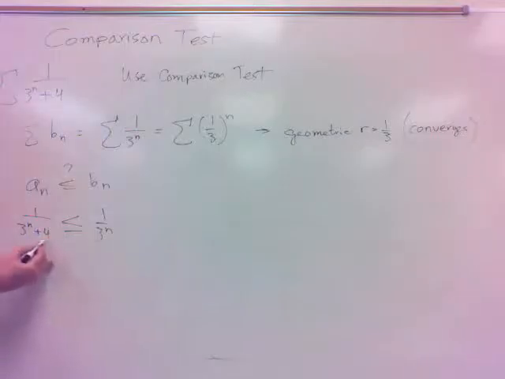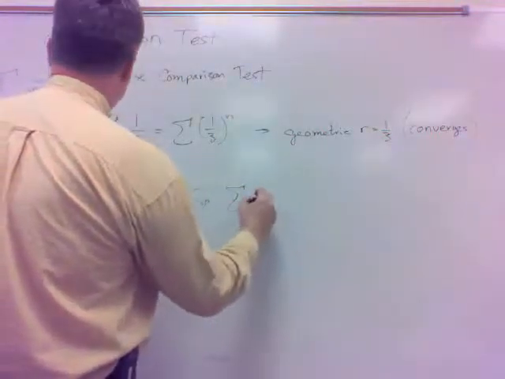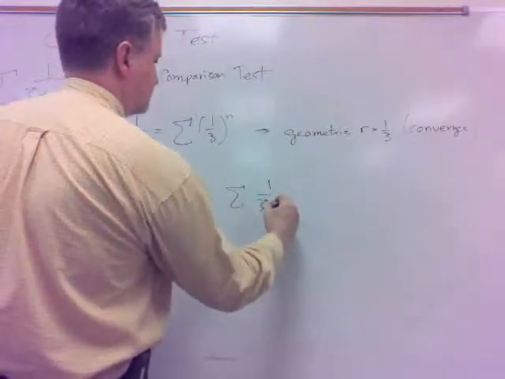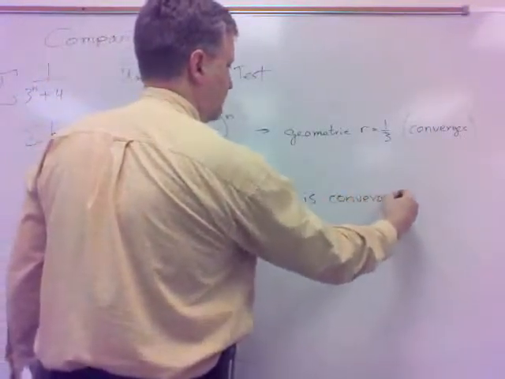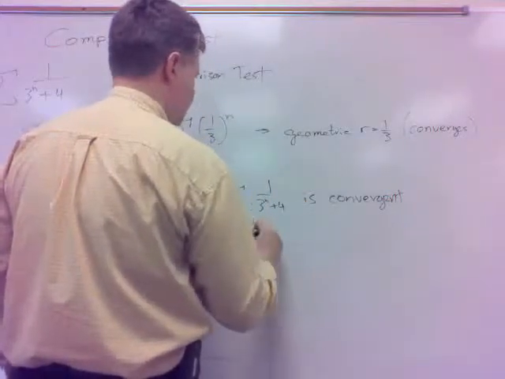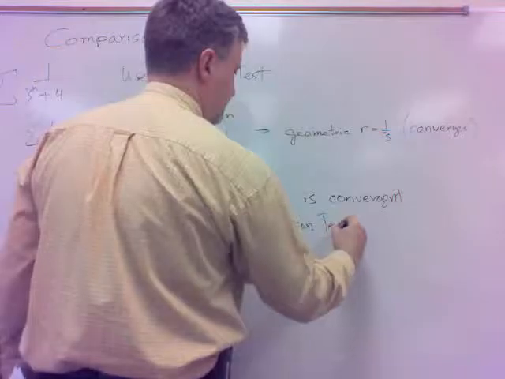This is adding 4 to the denominator over here, so we've got a bigger denominator. 1 divided by a bigger denominator is going to be smaller, isn't it? So the denominator is bigger, therefore this term would be smaller. So this is another convergent series by my comparison test. Okay? Get the idea?